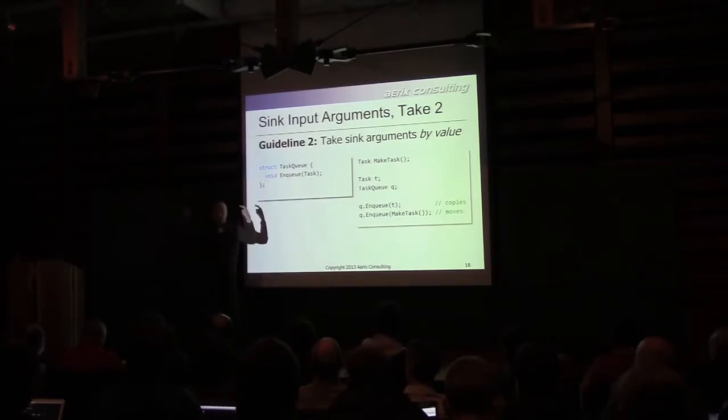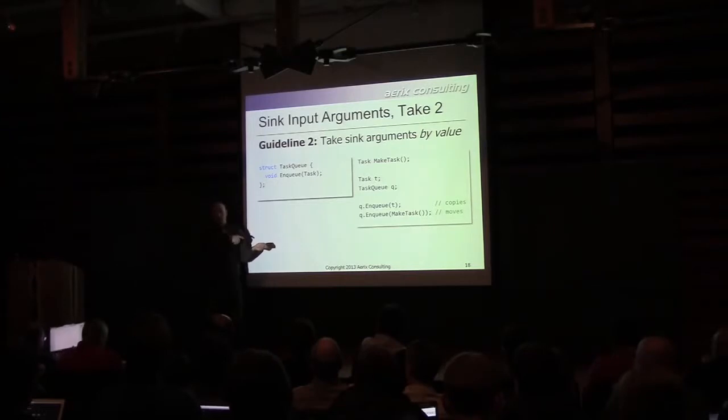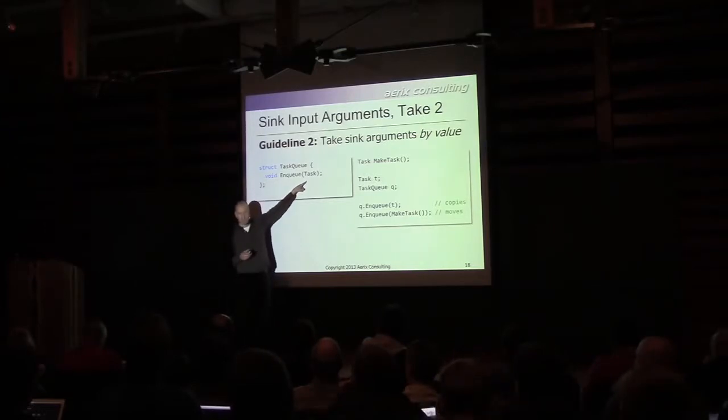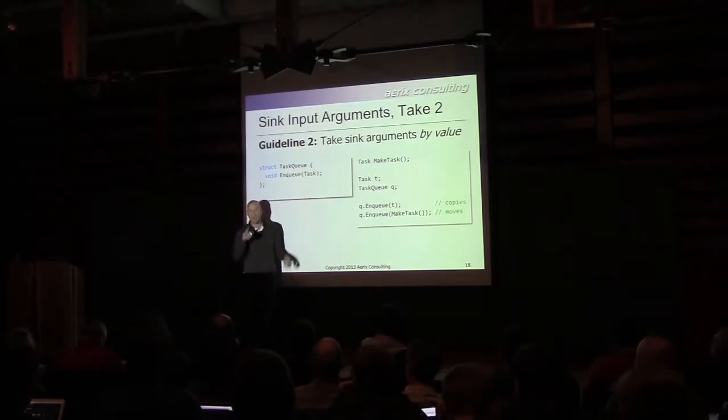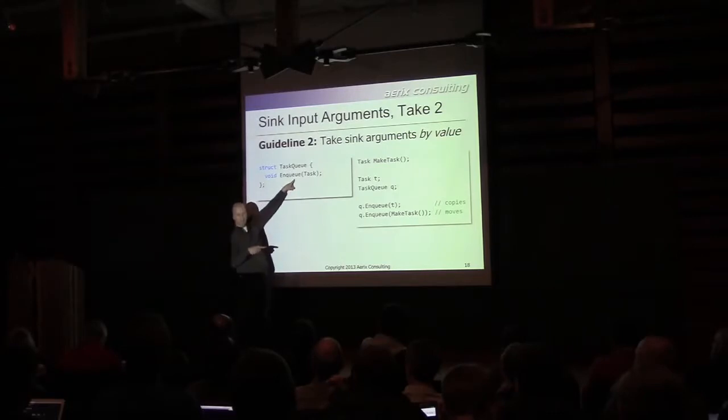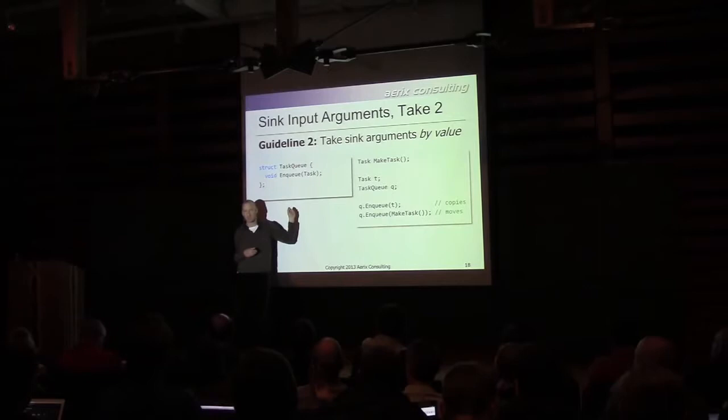And what you're going to be doing is take that argument that you've been passed, and move it into the vector. So if you don't have this thing by value, say this function took a const ref, you have to make a copy within the enqueue function. A copy has to happen, one way or the other.